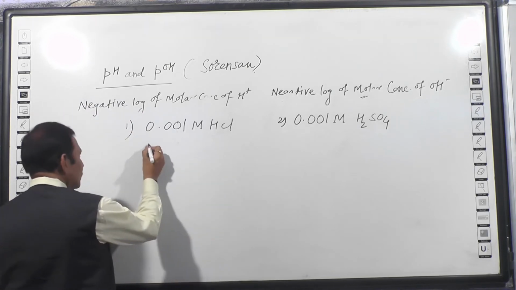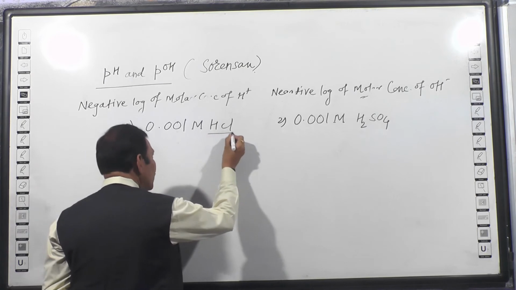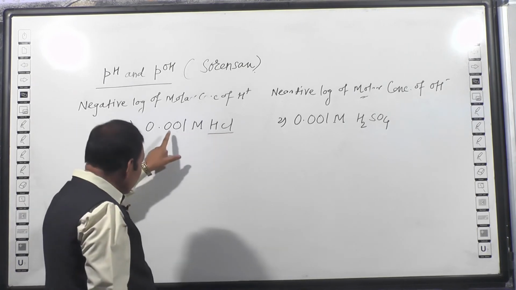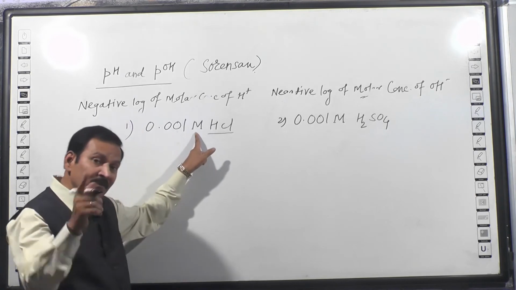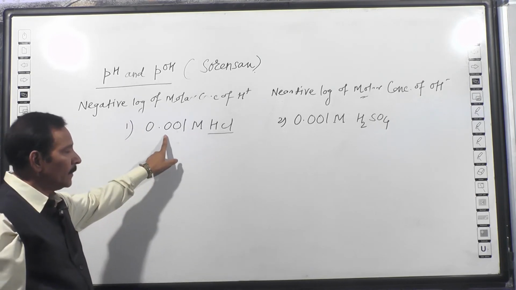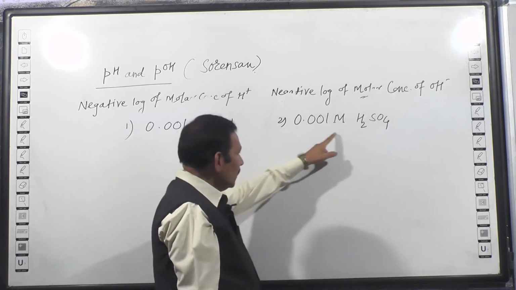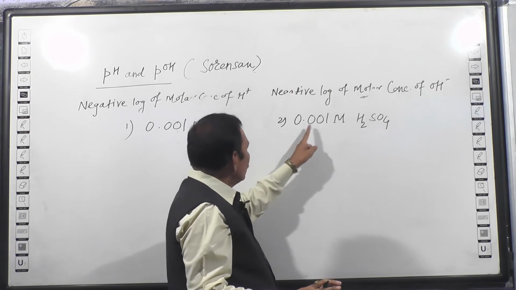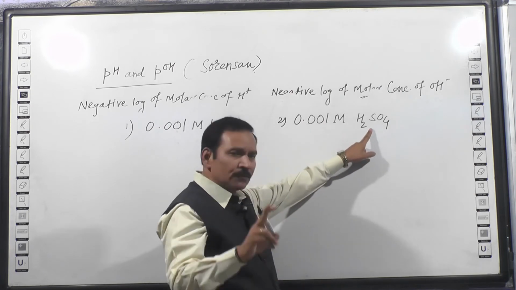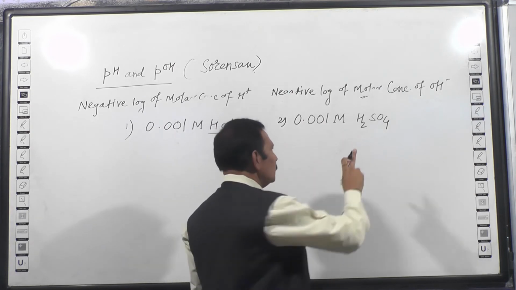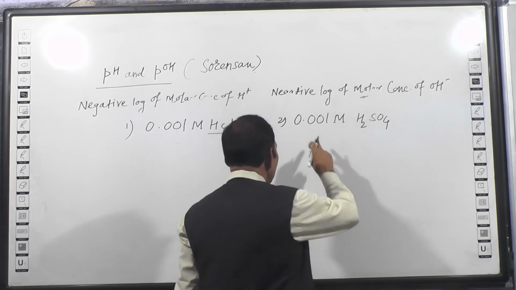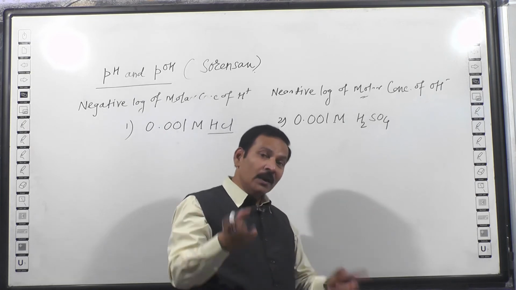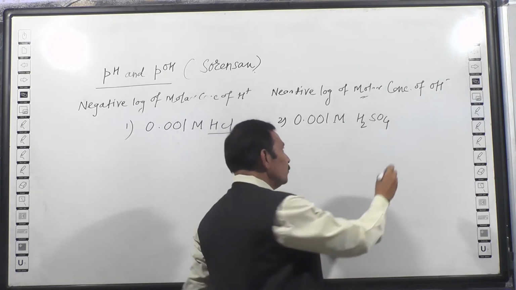So here, HCl being a strong acid, ionizes completely. Whatever the concentration of acid is there, the same is the concentration of H plus. Here, H2SO4 being a strong acid, one molecule of H2SO4 gives 2 ions of H plus, and therefore 0.001 mole of H2SO4 will give double the H plus ions according to this reaction.